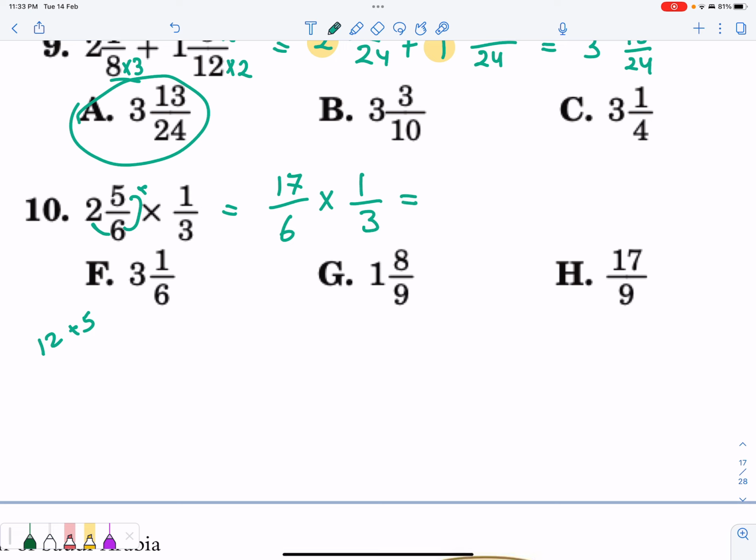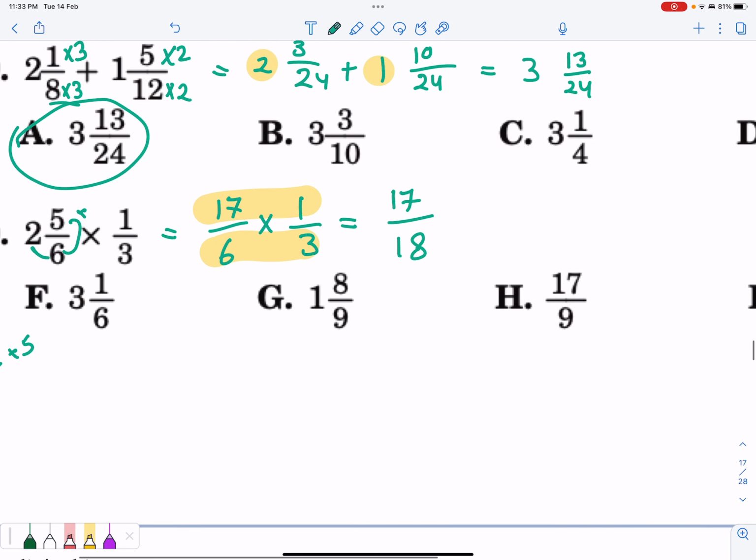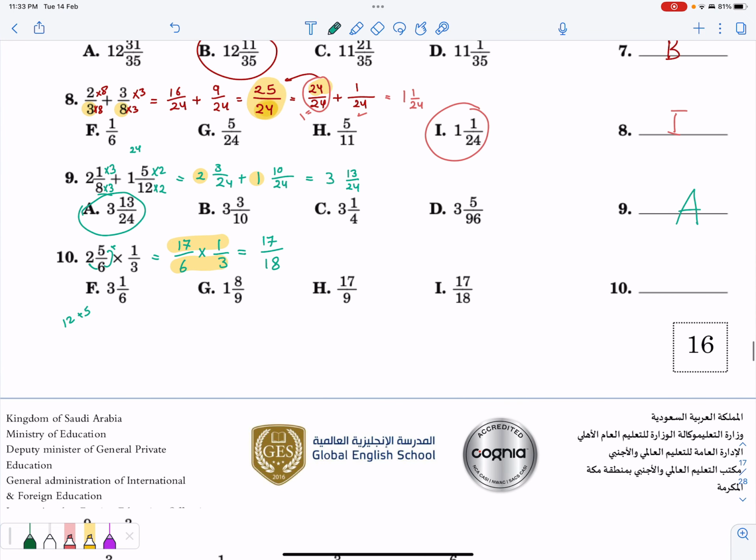Okay? So let's just multiply. 1 times 17, 17, and 6 times 3, 18. So 17 over 18 is the correct answer, which is answer I. So I is the correct answer.